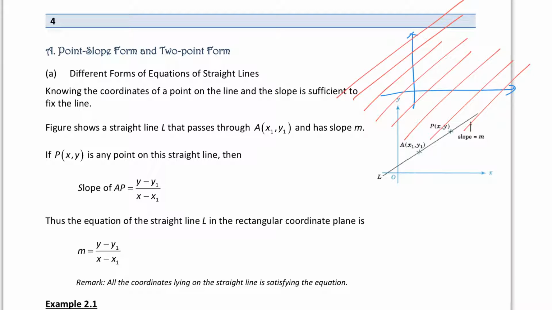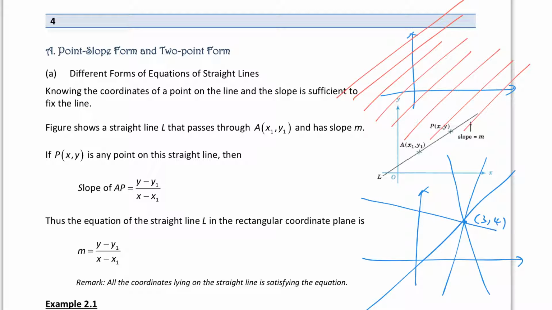If I only know that the straight line passes through 1 point, for example (3, 4), we can also draw thousands of straight lines through this point. So maybe we can combine these two ideas. If I know the slope of the straight line and 1 point on the straight line, then we can draw one and only one line.